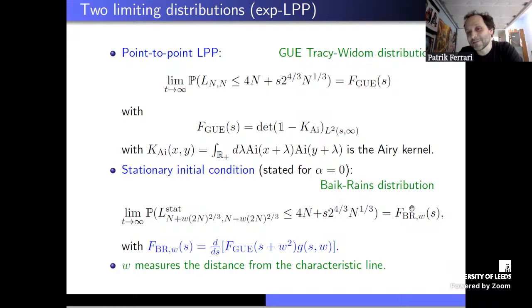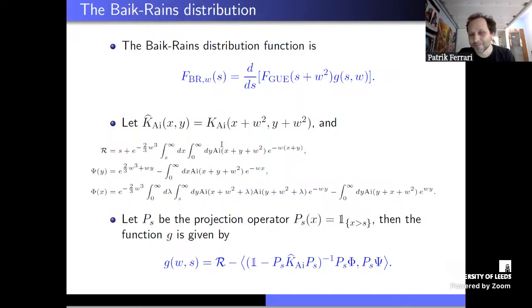So the structure of this Baik-Rains distribution is the following. There is a derivative. This is just the one-point distribution like in the step, in the point-to-point case, times some other function. You don't have to read this precisely, just note that the function g is explicitly known. There will be some explicit function, some Airy functions, the others are just exponentials, integrals of exponentials, and so on.